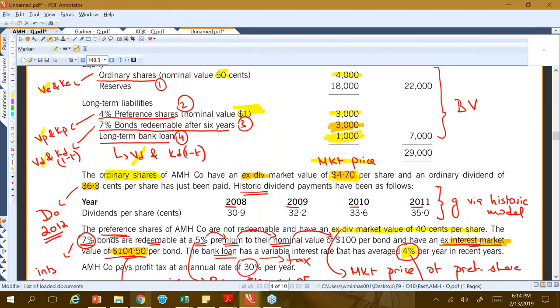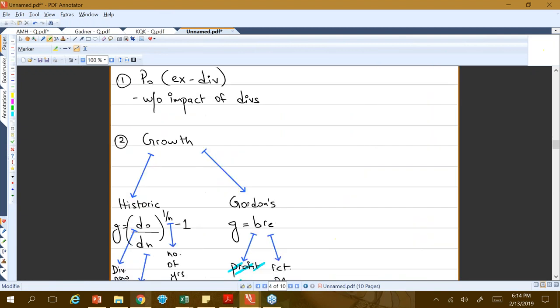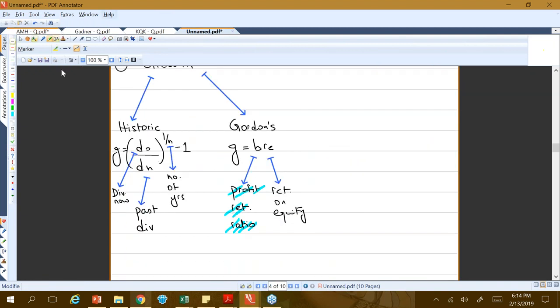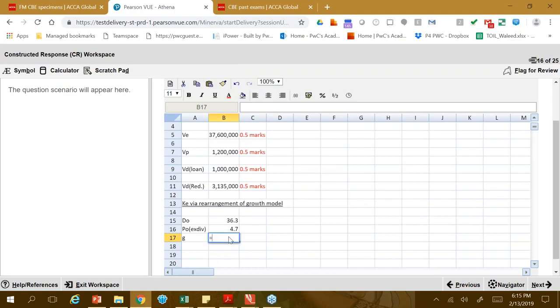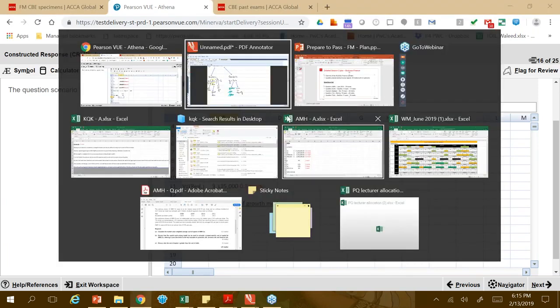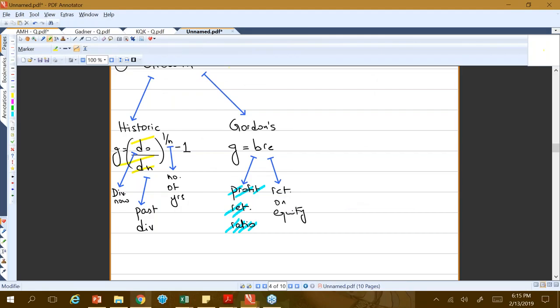So I want you to focus on the historic model calculation now. We have the D naught, which is given in the question as 36.3. Now I need to find DN, the past dividend.